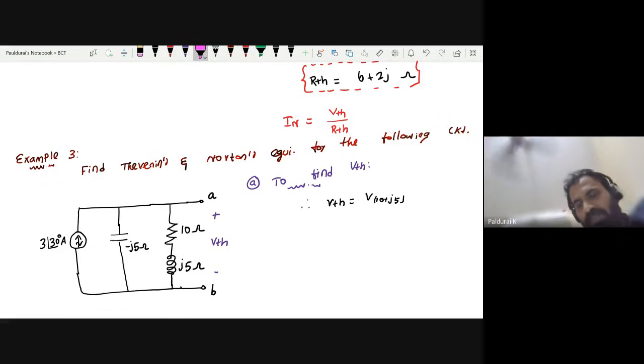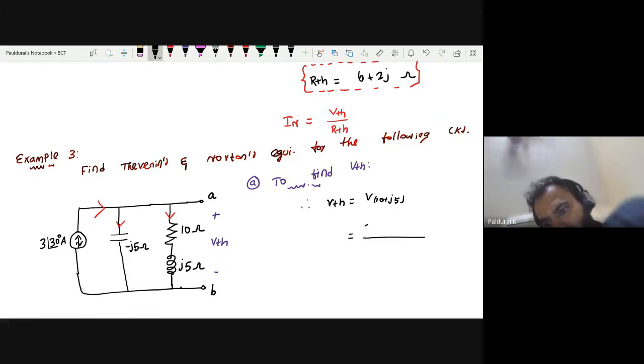Yeah, very good. So this time, what is the formula? V equal to I times R, where I is my applied current. It is divided through minus J5 and this 10 plus J5. So my applied current, as per current division rule, is 3 at an angle of 30 degree into the opposite resistance, minus J5, divided by the total resistance, minus J5 plus 10 plus J5.